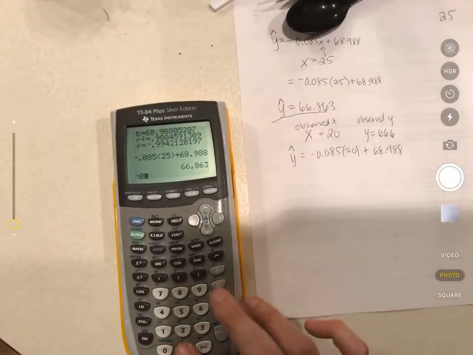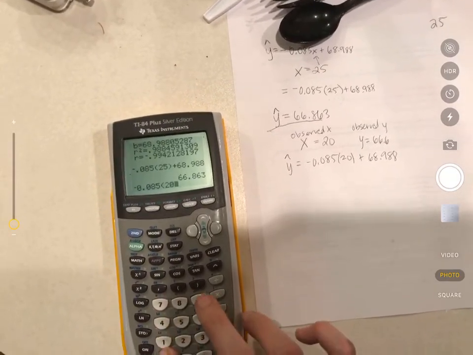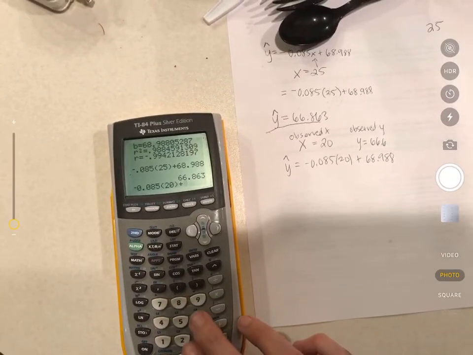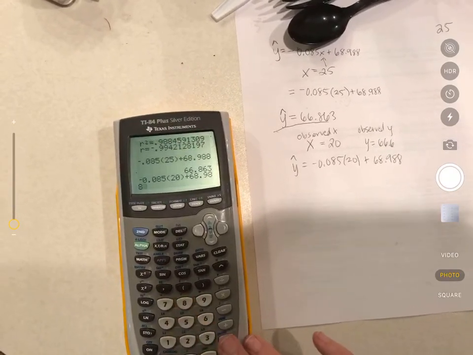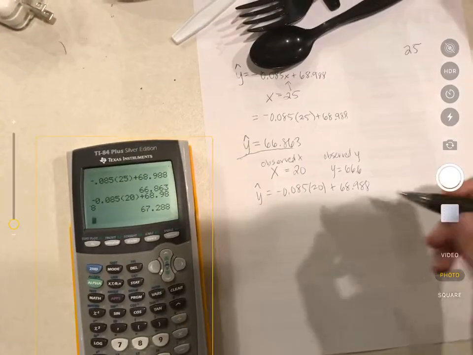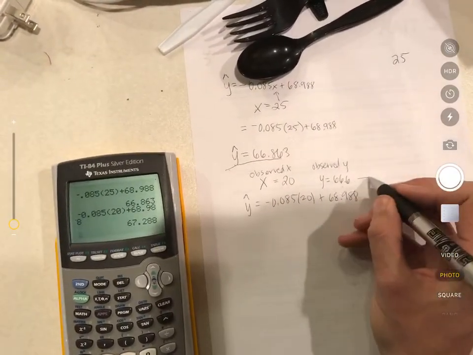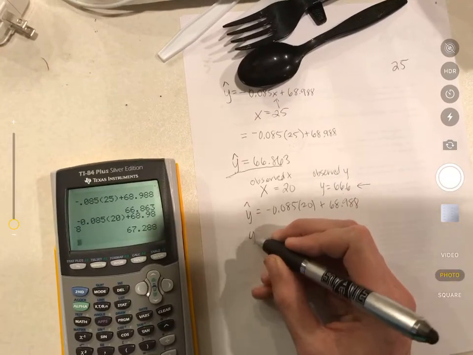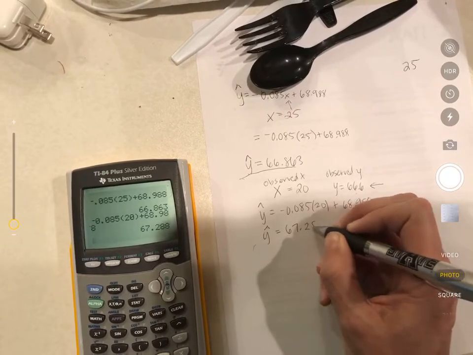Okay, so negative 0.085 times 20 plus 68.988. Okay, the observed y value is 66.6. The predicted y value is 67.288.